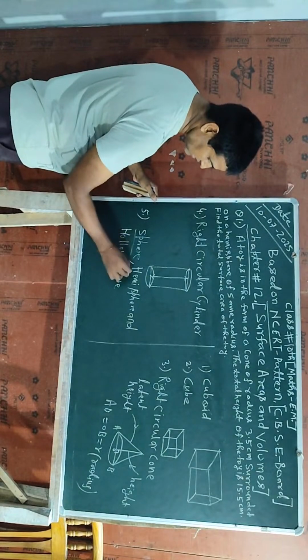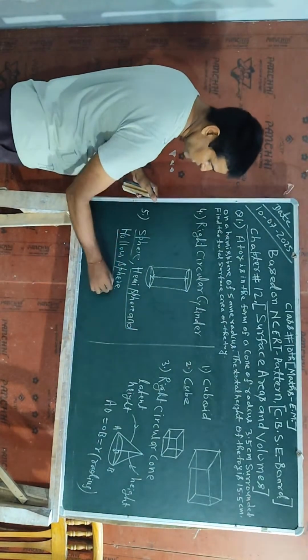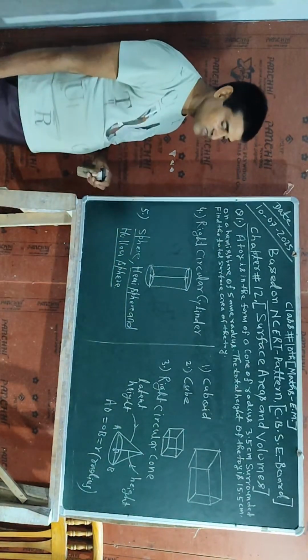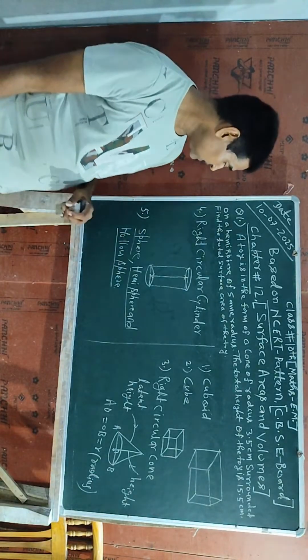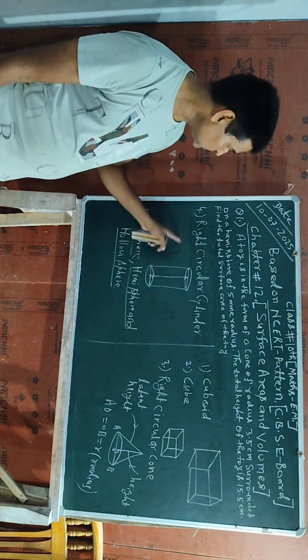So these are the 3 pieces of information, and all these 3 I will explain in detail for getting the knowledge of the right circular cone.